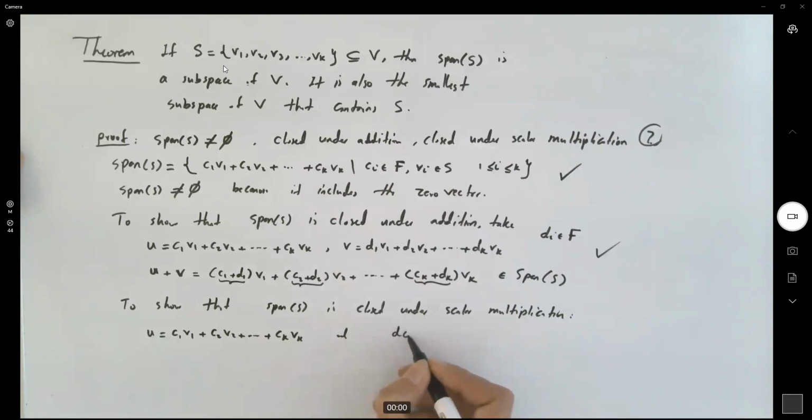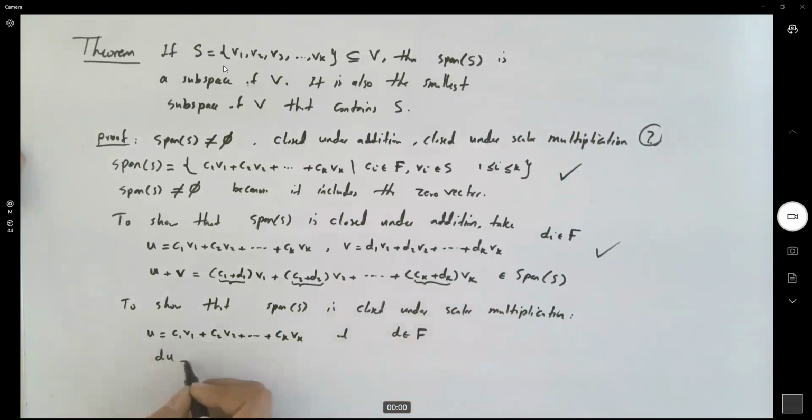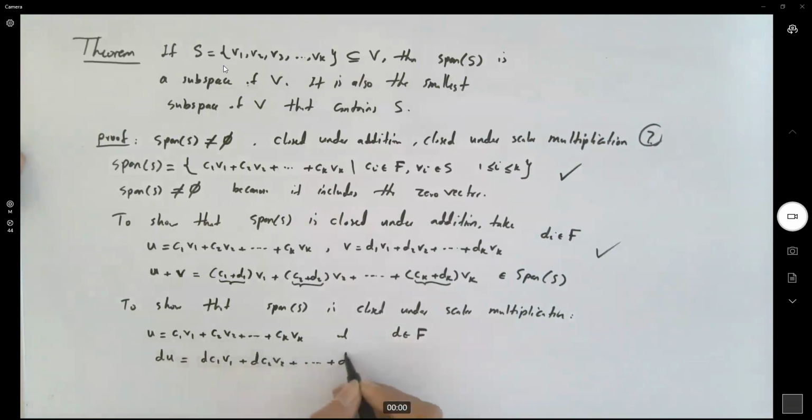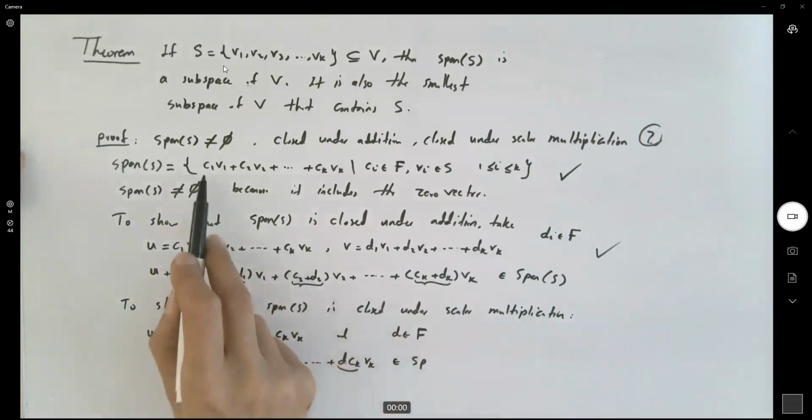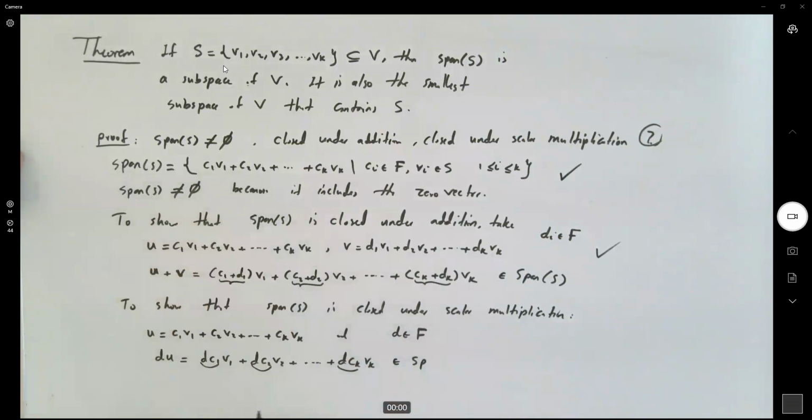Let's take d in the field F. du becomes dc1 v1 + dc2 v2 + ... + dck vk, but basically it's just a scalar, another scalar, which is basically a linear combination of v1, v2, ..., vk. So this belongs to span S.